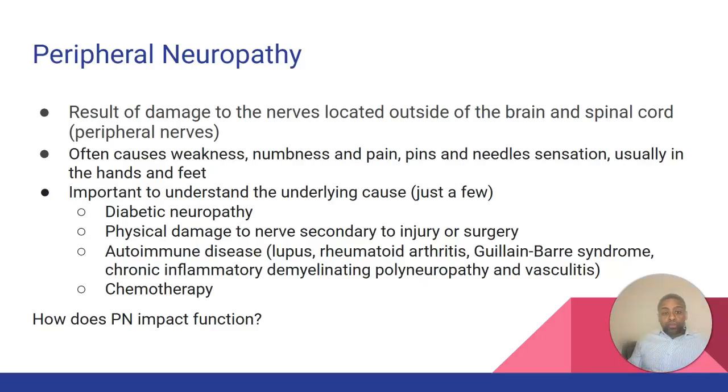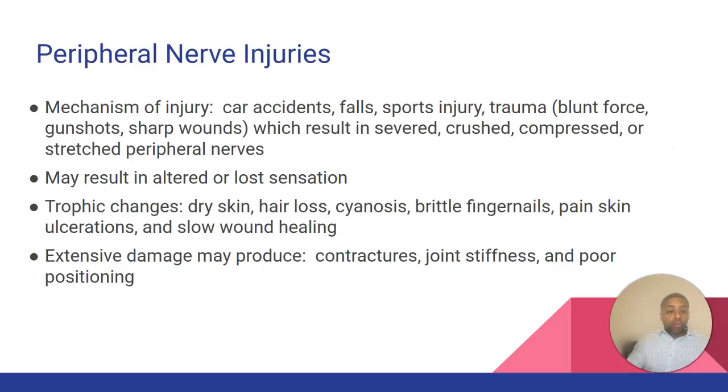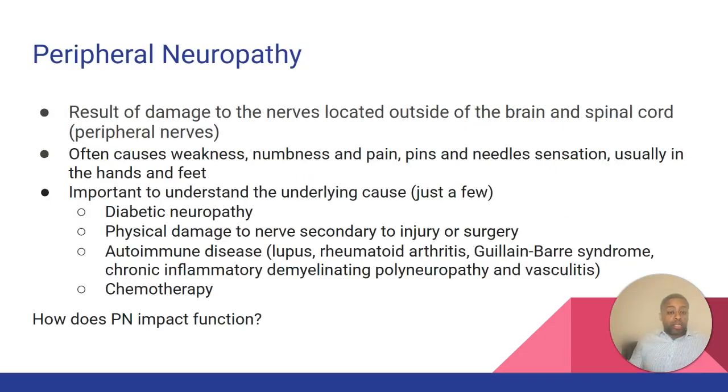All right, so there are different medical conditions, or causes, I should say, that could lead to peripheral neuropathy. Now, peripheral neuropathy is a broader term that describes damage to the peripheral nervous system.